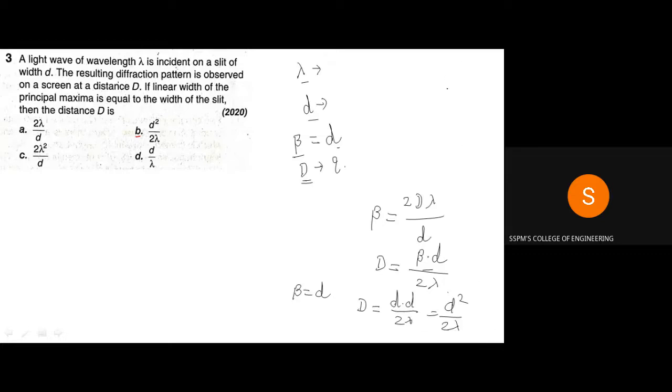That is simply d square upon 2 lambda. That is the value of D. Okay. So this is the correct answer. Lambda is given, slit width is given. Then linear width beta equals d, that is given, that we have used.